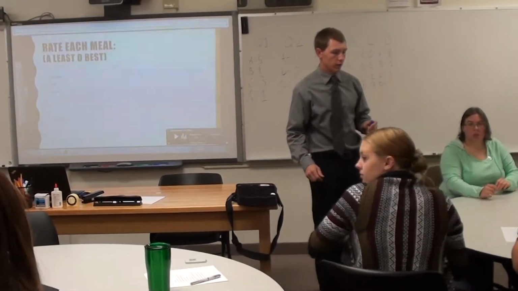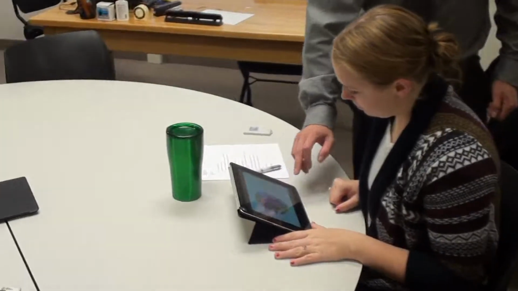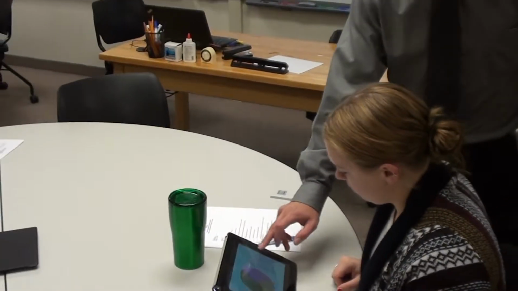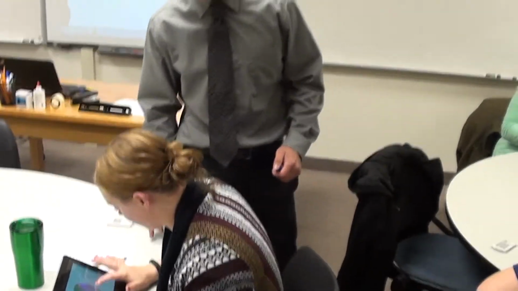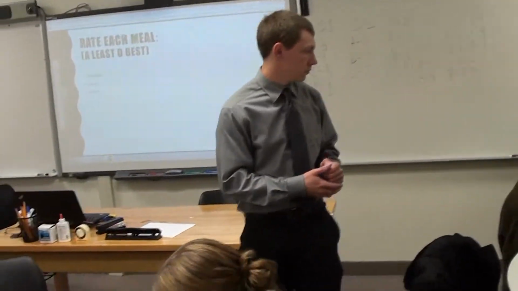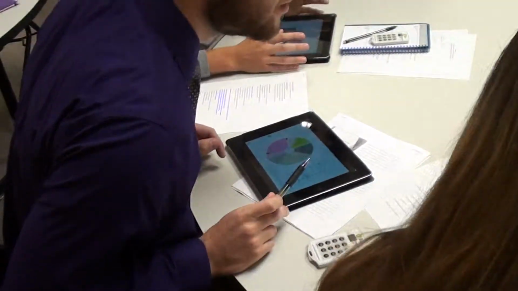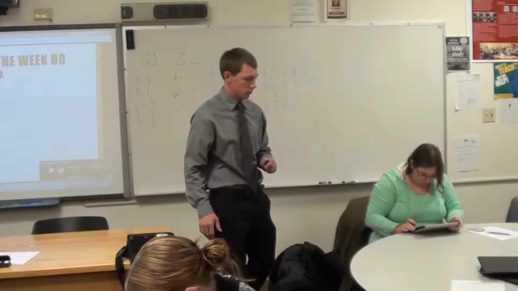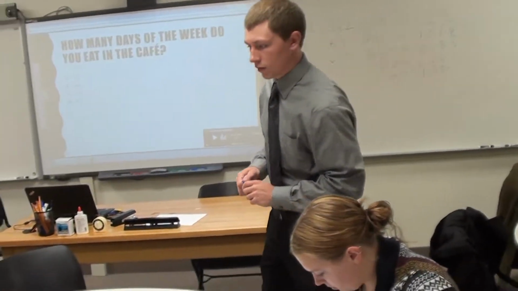Alright, so if everyone can grab an iPad, you're going to get on the app Chartistic. Hit the X. Now you can pick which ones you want to delete. So I can pick the colors. Yeah, you'll pick the photos that you like. Can you go back and show us question 2? Yep. Just make sure you get your title, your X and your Y axis.